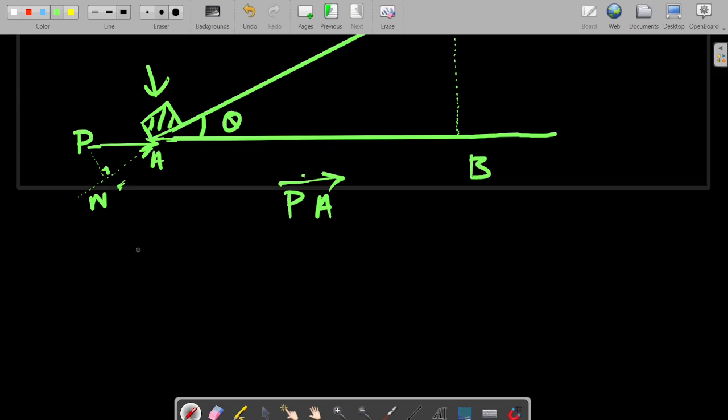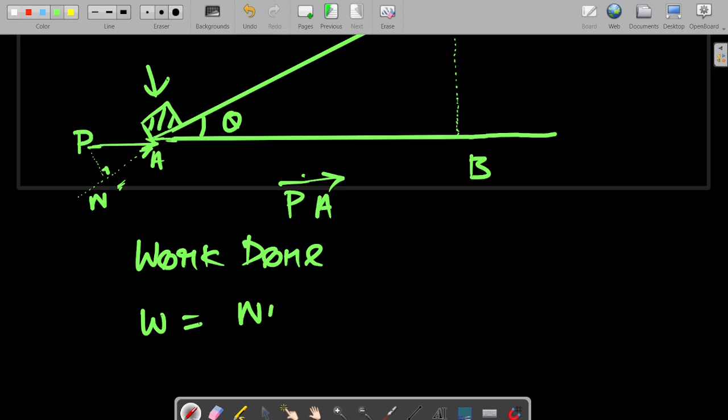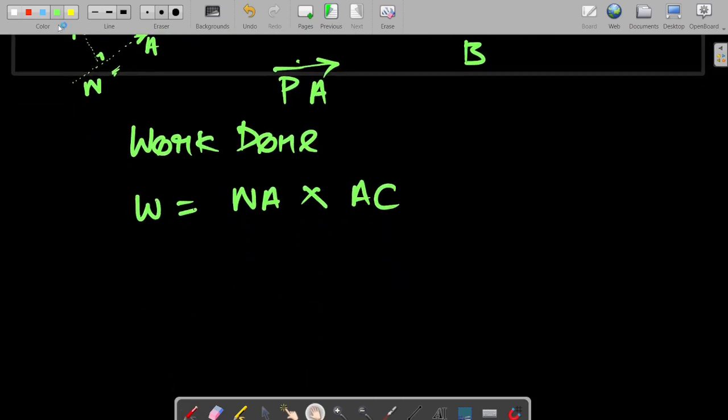Here work done will become W is equal to NA, that is the component of force, into AC, displacement. So we will calculate NA.